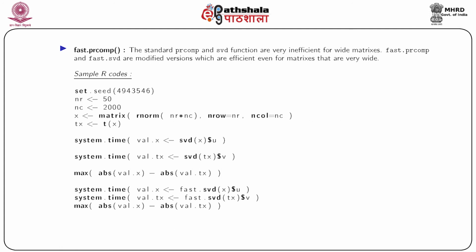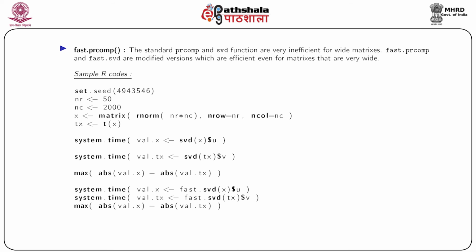So we set the seed, we take nr equals 50 and nc equals 2000. Let us define X as a matrix rnorm(nr by nc), where nrow equals nr and ncol equals nc.